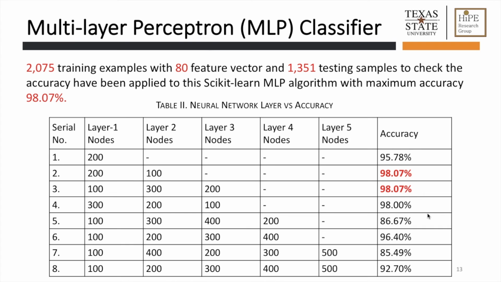Now, if we use the MLP classifier instead of the SVM classifier, we get 98.07% accuracy with just 2 layers. In this case, we have used 5 layers with different kinds of nodes to find the best model that has the maximum accuracy. We have used the Python scikit-learn library to implement this. 80 features from Mel and MFCC and 2075 training and 1351 testing samples are used to find the accuracy.